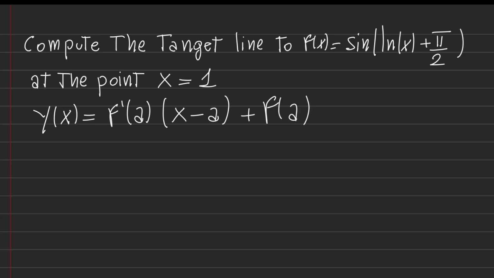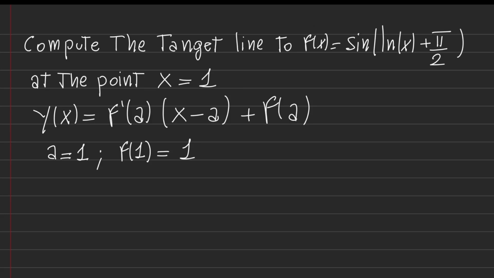So let's start by saying that the tangency point has to be x equal to 1, therefore a is going to be equal to 1, and we can compute immediately f of a, which is f of 1. So we have to compute the sine of the log of 1 plus pi over 2. The log of 1 is equal to 0, so I have just the sine of pi over 2, which is equal to 1.